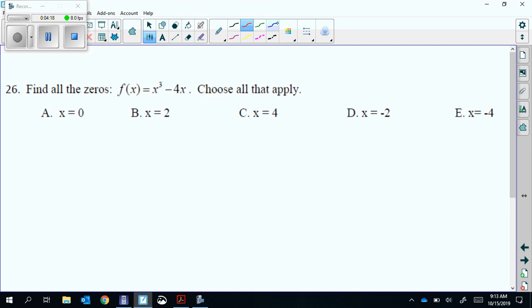Finding all the zeros, you can do that with a calculator. Zeros are x-intercepts, or you can do it in the equation solver too. But this is actually really easy to factor. It's easier to factor than it is to type it into a calculator. So they each have an x, so factor out x. And you're left with x squared minus 4.